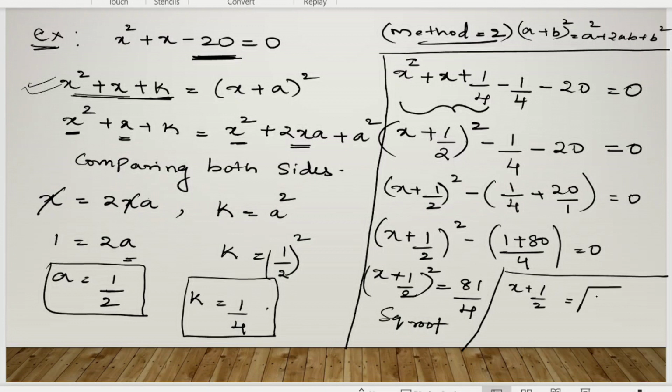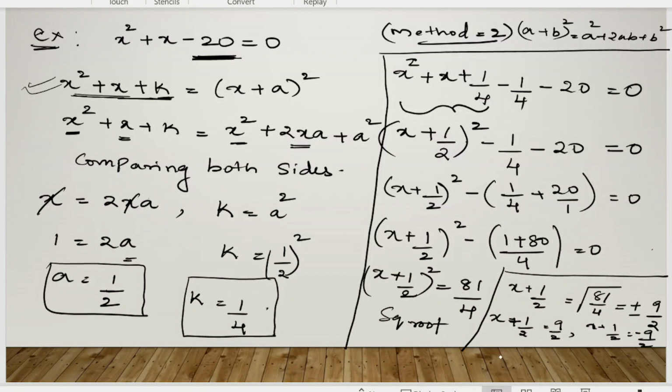So this will be root of 81/4, which is plus or minus 9/2. So you can solve for x + 1/2 is equal to 9/2 and x + 1/2 is equal to minus 9/2.